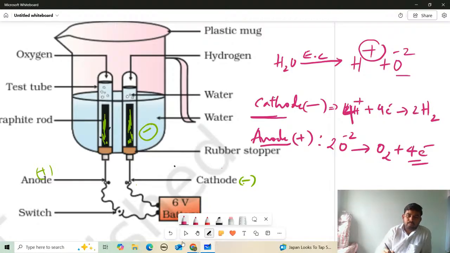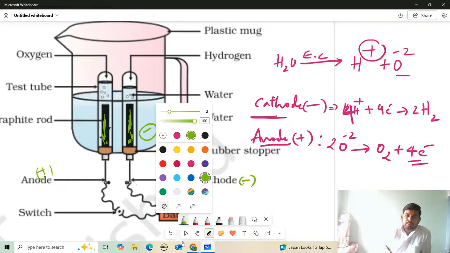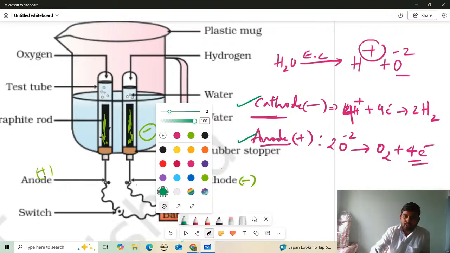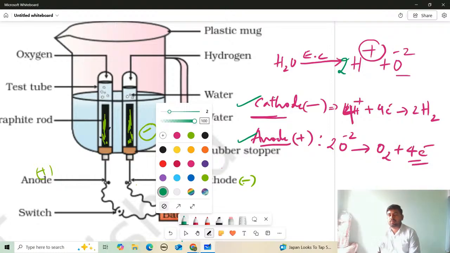You remember, there are two electrodes, one is cathode, another is anode. When we pass electricity through the water, two H plus ions and one O minus 2 ion will be produced.